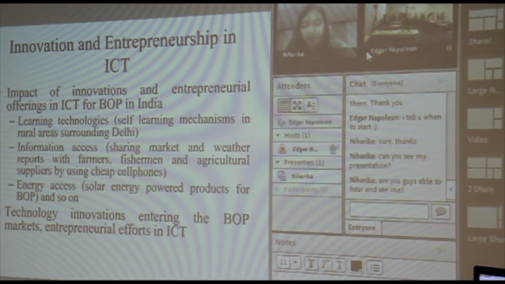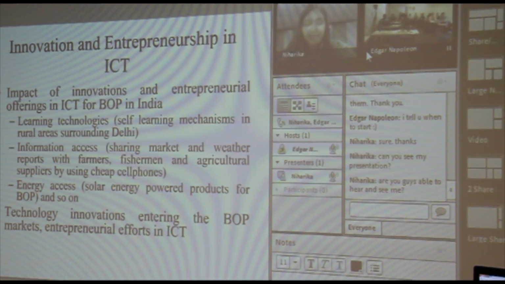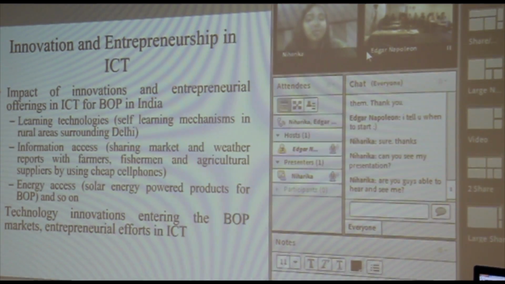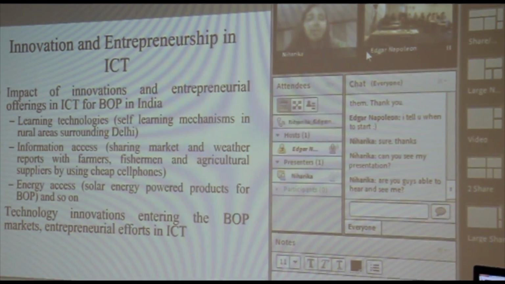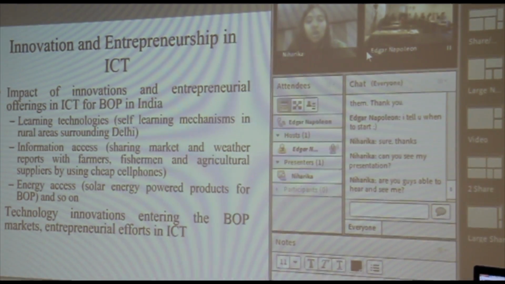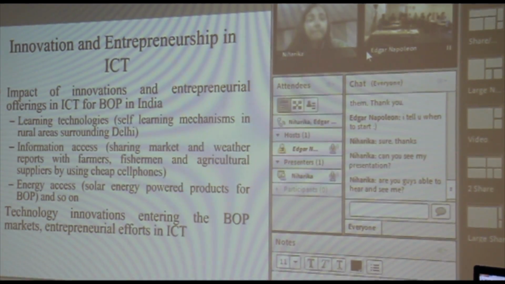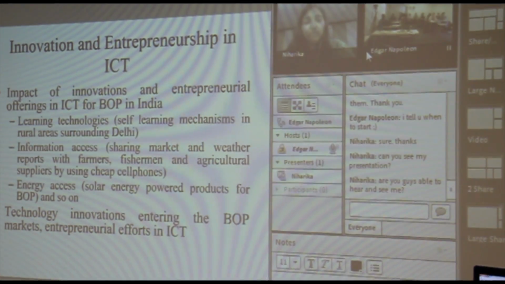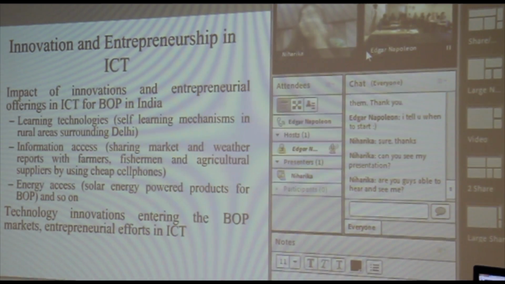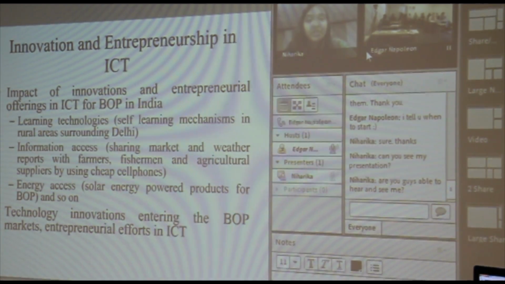So we see that these experiments might have something to it, because we see a lot of social enterprises now entering this field where they are trying to develop self-learning and community-driven initiatives.